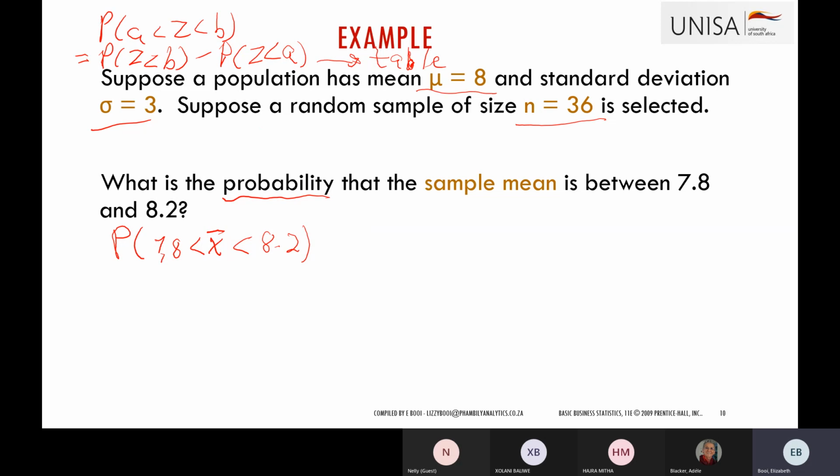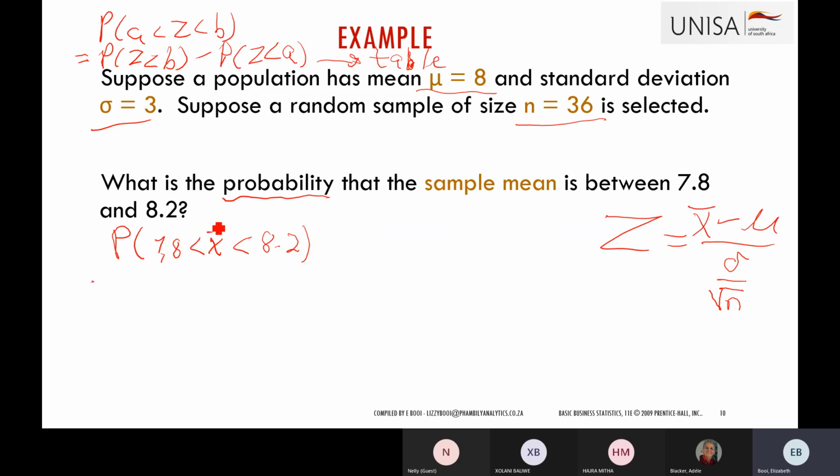Now, since I've collected all the facts and I know what the question is asking me to do, I haven't identified the formula, have I? Nope. I still need to identify the formula to use. The formula for Z is your sample mean minus your population mean divided by the standard error, which is the population standard deviation divided by the square root of n.